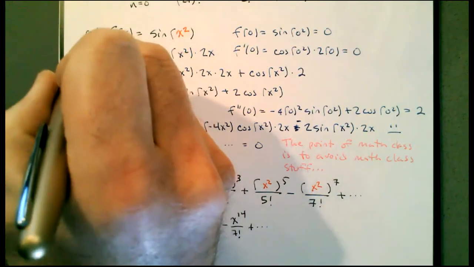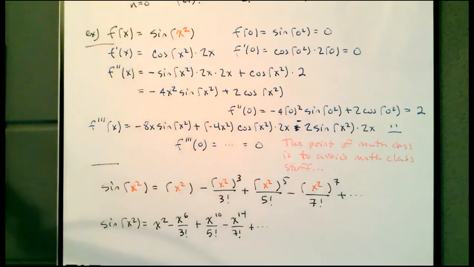We have a procedure for finding a Taylor polynomial that we want to avoid if we can. Now I've just implied that there's another important thing that we can do. If we want to plug into the Taylor series for sine of x, we can even put in a function, just replace all the x's with whatever is in the parentheses. That allows us to skip taking all these derivatives, which could get kind of a hassle.